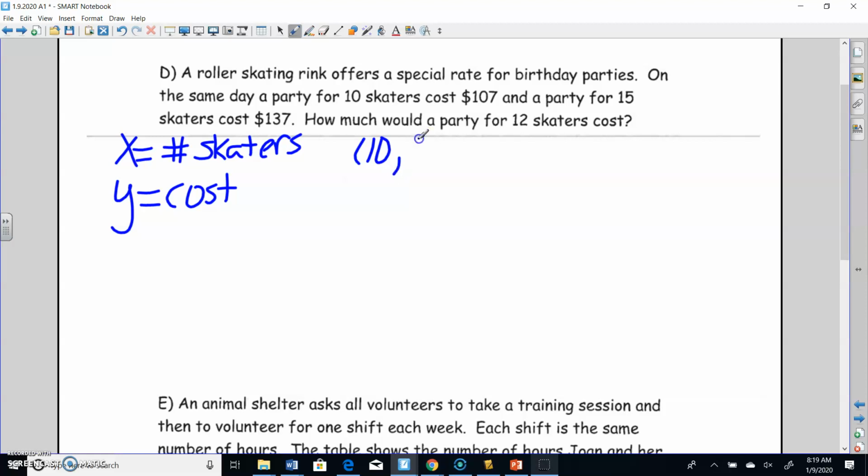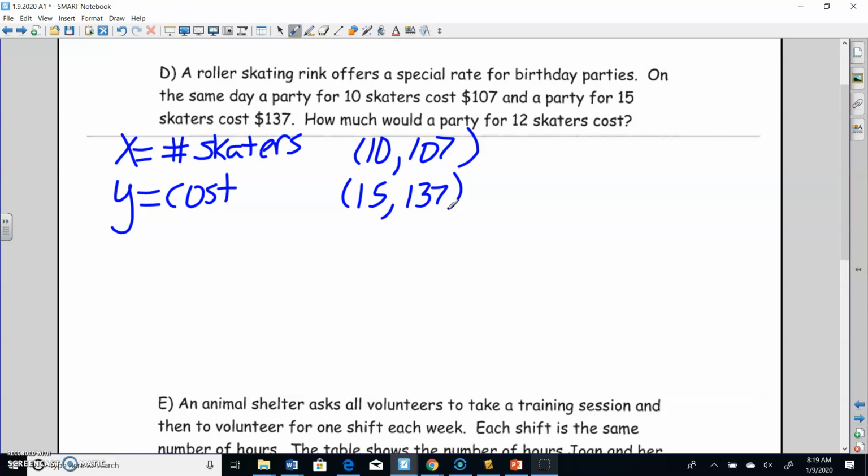And for 10 skaters, it's $107. Then the second set of information that we get is that 15 skaters cost $137. So that's our second point, 15 skaters, $137. So we're trying to figure out how much a party for 12 skaters would cost.